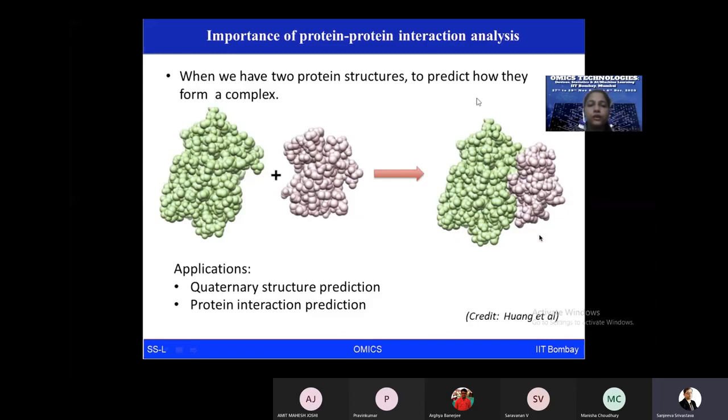For example, consider this protein A and this protein B. You can see the shape complementarity of protein A and of protein B, and how they form a complex. So one application of protein-protein interactions is quaternary structure prediction.